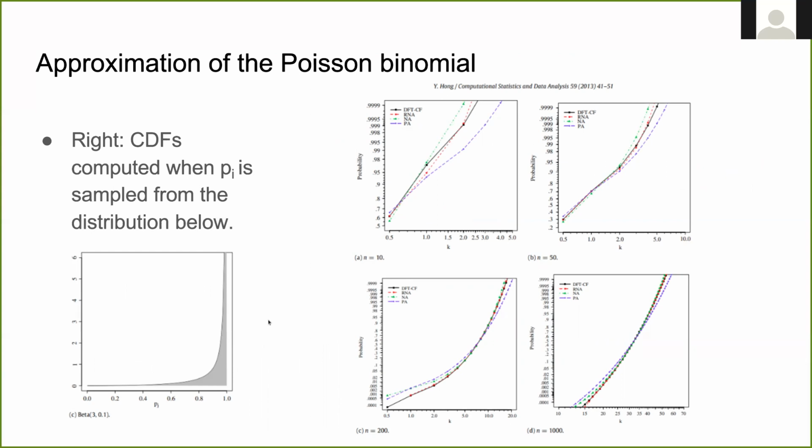But we can get an idea. Here on the right, we see the different values of n, so the different sample sizes, and the performance of the approximation. Given that our n, or our number of reads for a column, is significantly large for our cases, generally over 1,000, we can see that the Poisson approximation falls fairly closely in line with the exact, which is marked by the black line, the DFTCF.